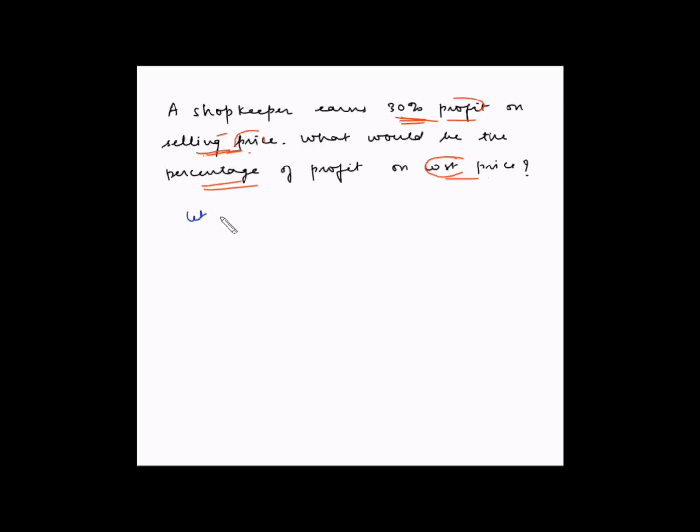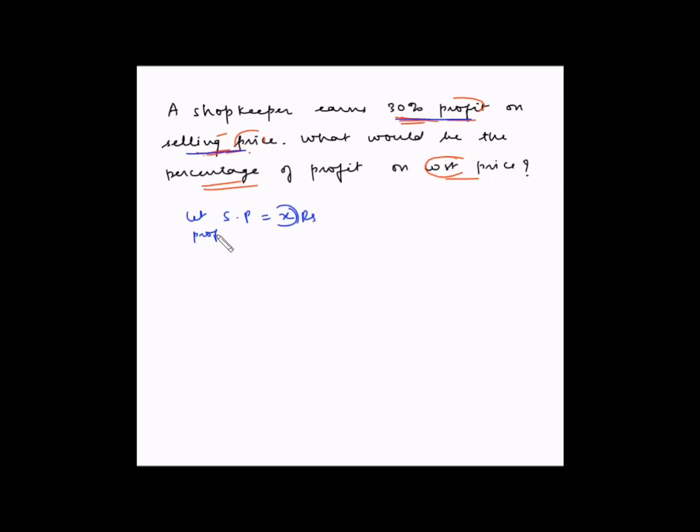So let the selling price be equal to X. Now what we have been given is that the shopkeeper earns 30% profit on the selling price. So the profit is equal to 30% of this.